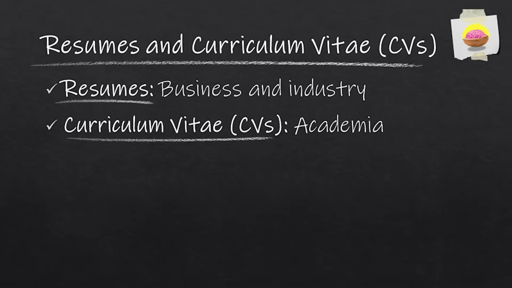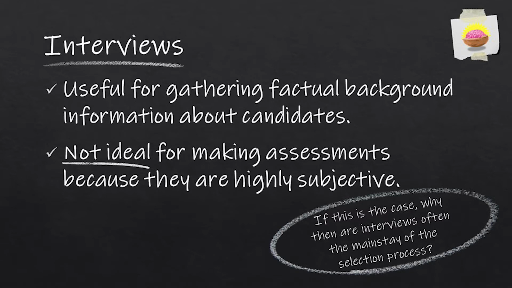They're much more in-depth, they're longer, they're more detailed, all that nonsense, but both serve the same purpose. They are documents that allow a hiring manager, for example, to quickly get an idea of what kind of applicant you may be. Then we have interviews.